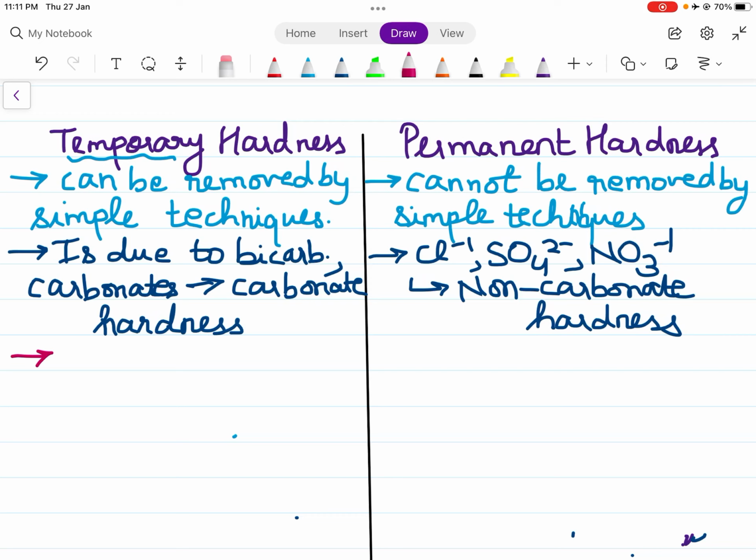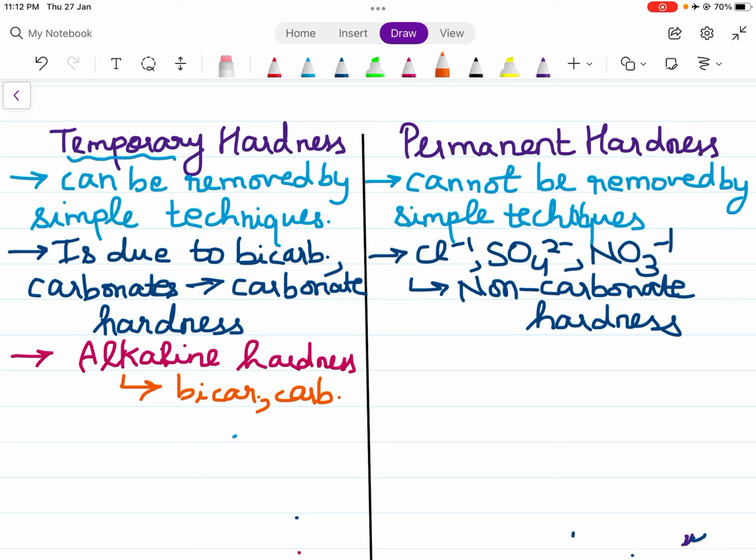Temporary hardness is the alkaline hardness. Now, why is it said to be alkaline hardness? You remember that in the first lecture we said that alkalinity is majorly because of bicarbonates and carbonates.